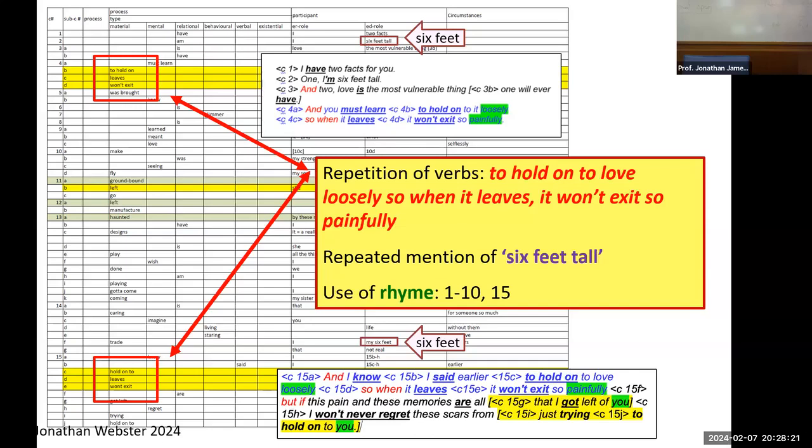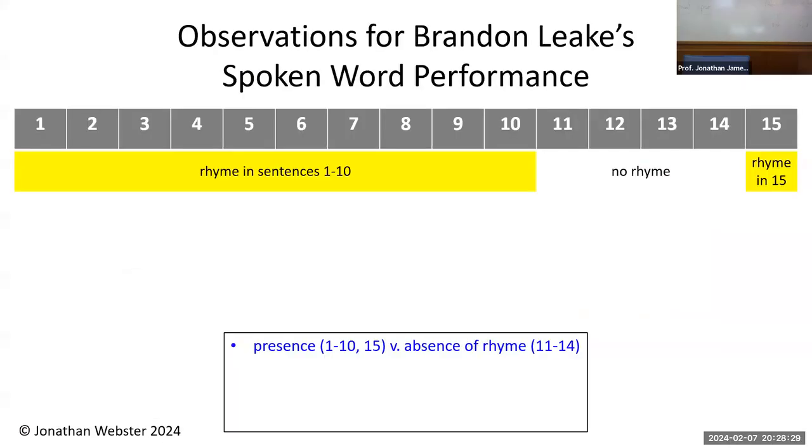At this part here, he talks about being 6 feet tall. It's repeated, 6 feet. The use of rhyme. When I take a look at the whole thing and look at rhyme, sentences 1 through 10, and in 11, 12, 13, and 14, there is no rhyme.